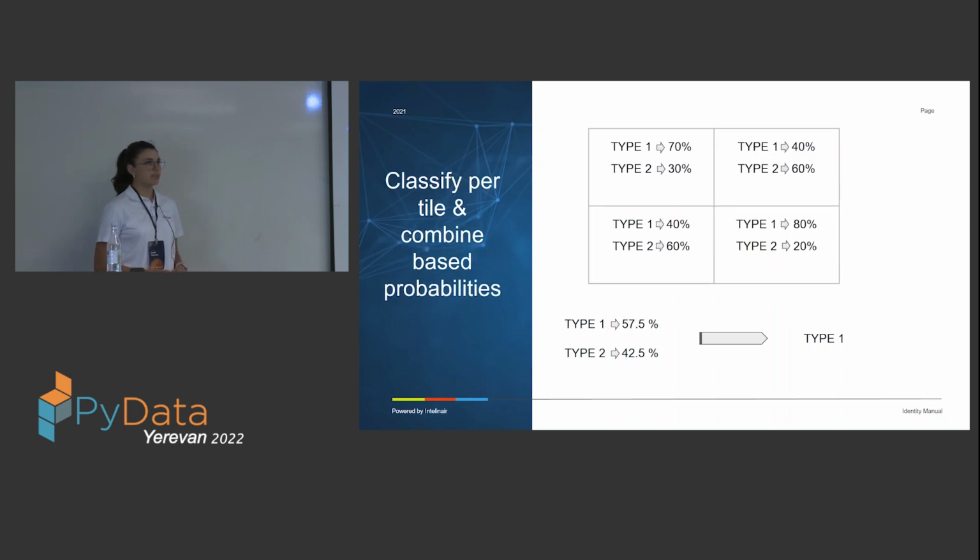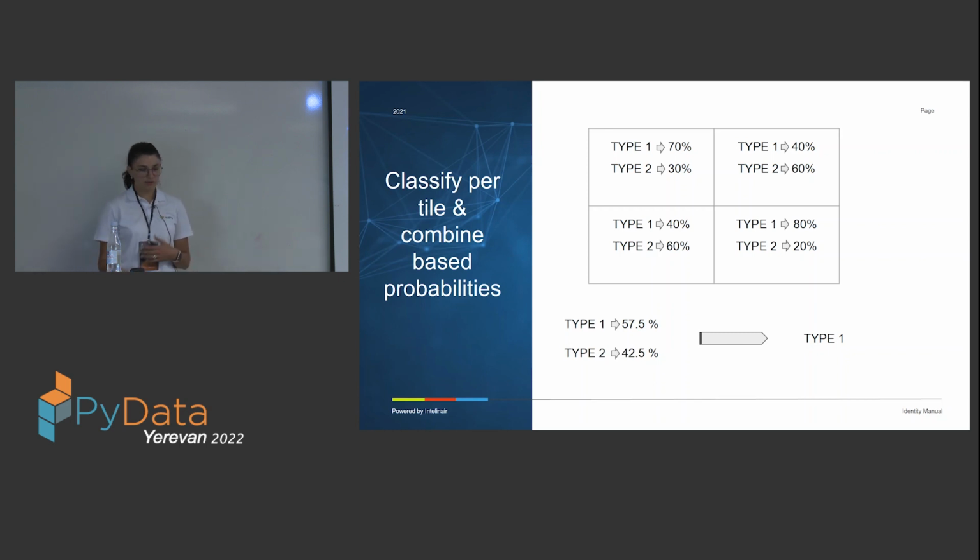For that purpose, we also keep the probabilities for each class, for each of the separate subsections of the image that we're processing. And in the end, we just average out the probabilities for each. In this case, it is highly unlikely that you would end up with two classes having the exact same probability, which is, again, unlikely but possible even if you run any other classification model on an imagery, not just at tile level.